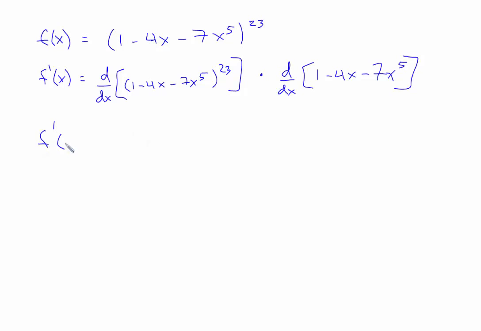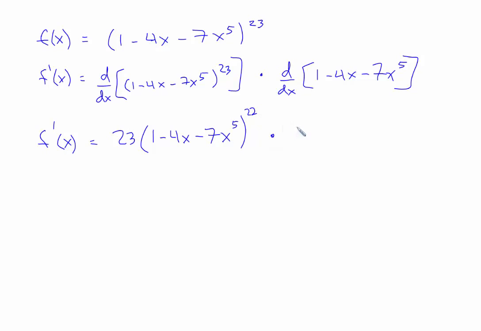So f prime of x is going to equal, using the general power rule, 23 times the inside function kept the same, 1 minus 4x minus 7x to the 5th, to the 23 minus 1, which is 22, times the derivative of the inside function.